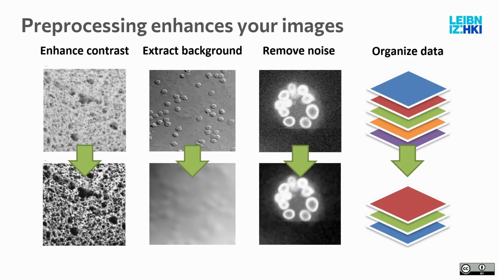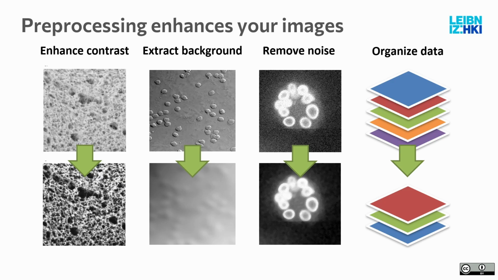We have a few examples here. For example, you have this slightly low contrast image, and there are operators that can enhance the contrast so you can really see the details better. Then you have operators that can extract the background, which is related to removing the background.